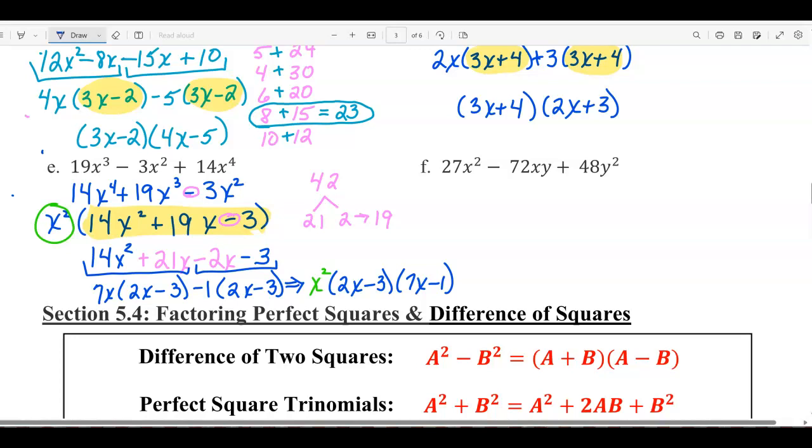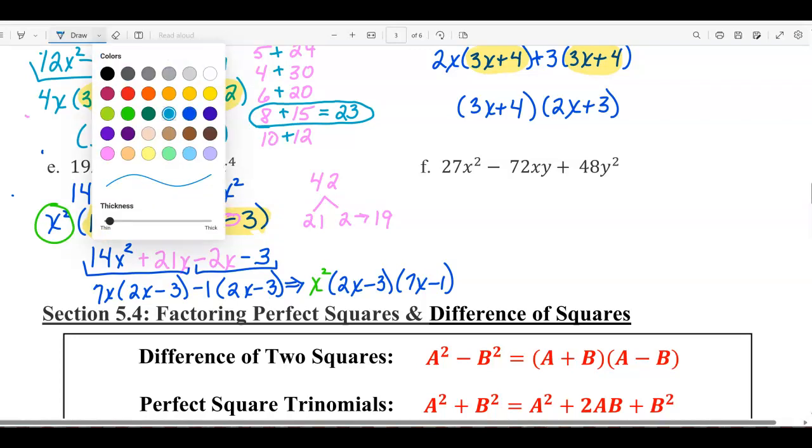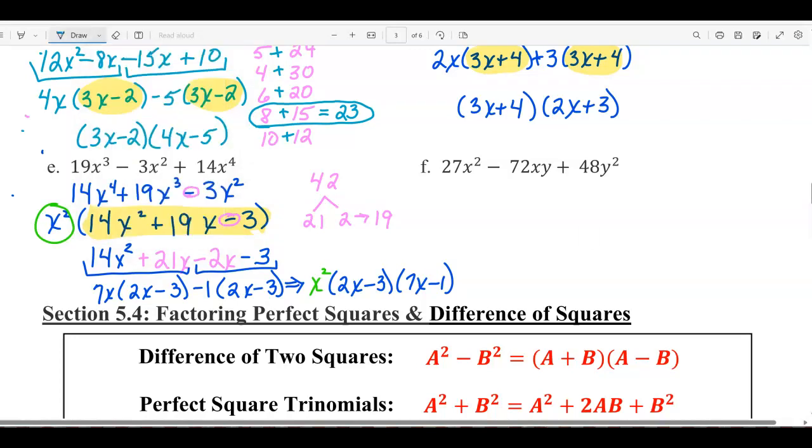So I'm going to factor out a 3 and rewrite it and see if it's a little bit more straightforward of a problem. So we get 9x squared minus 24xy plus 16y squared.